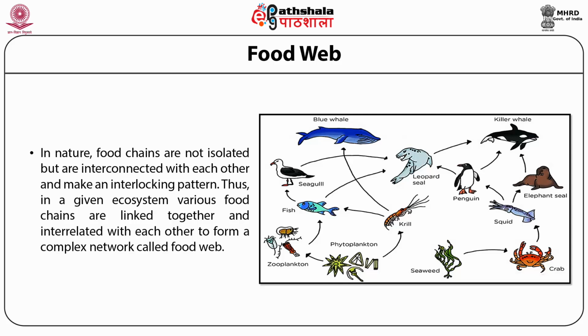The producers occupy the first trophic level, herbivores the second trophic level, carnivores the third trophic level, and secondary carnivores the fourth trophic level. This trophic level classification is one of function and not of species.